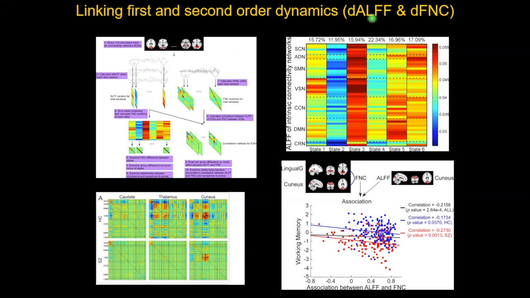And they both showed evidence of considerable dynamics that correlated, in this case, with various measures related to schizophrenia patients versus healthy controls. And here you can see, for example, the FNC states, and here you can see the ALF states. There are 6 of them in this case.